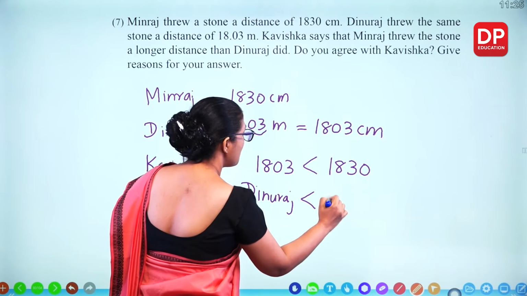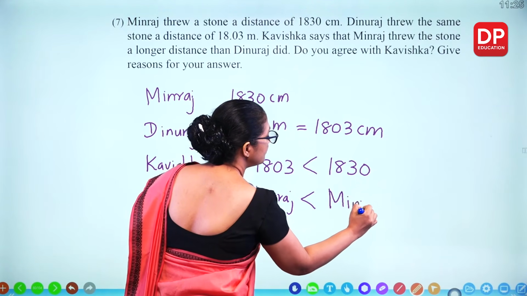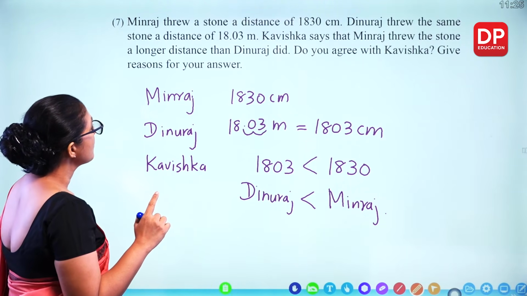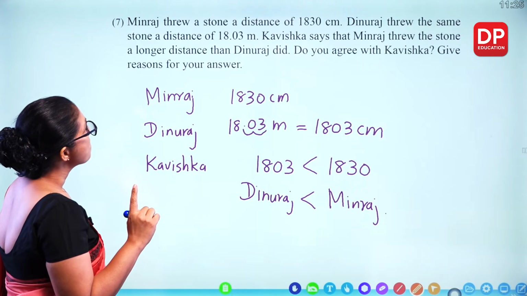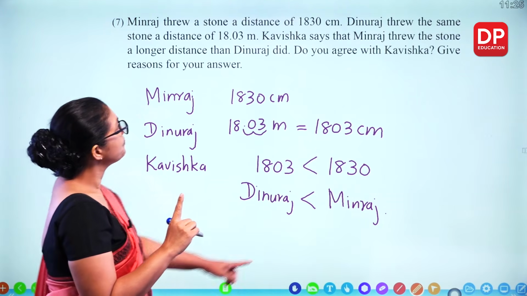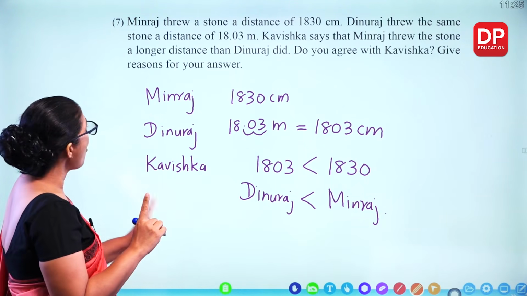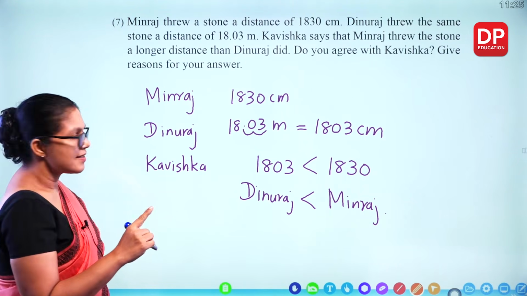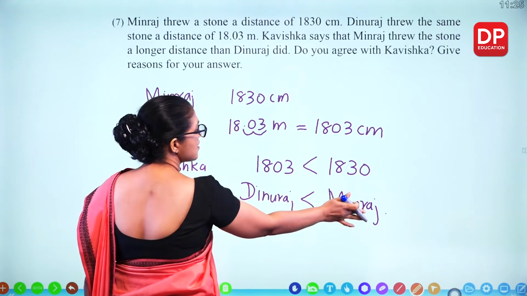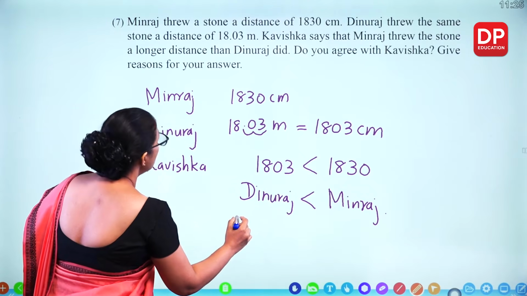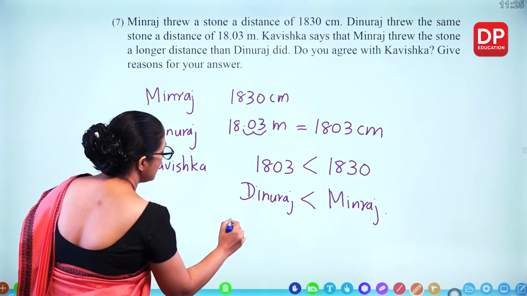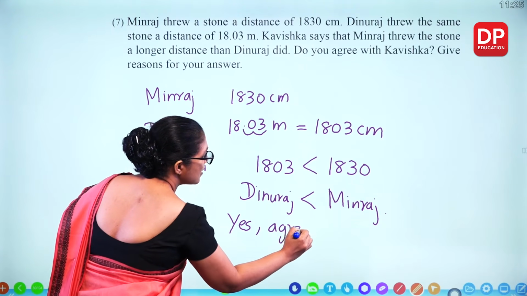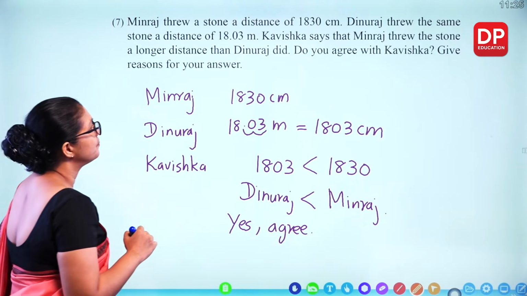And this is Minraj. So do you agree with Kavishka? It says Minraj threw the stone a longer distance than Dinuraj. Yes, that's true. So this distance is more. Do you agree? Yes. Agree with Kavishka.